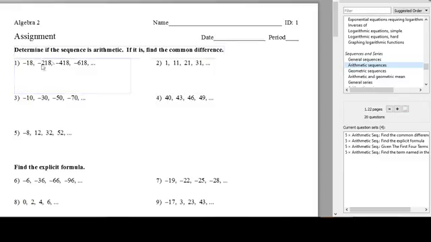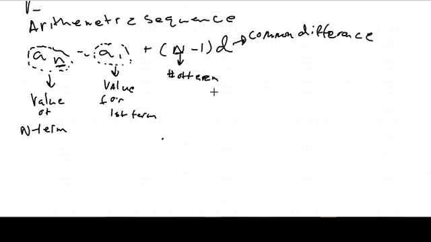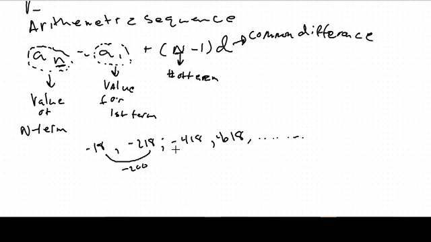So I'm actually going to do something with that sequence. Let me write it up here. I had negative 18, negative 218, negative 418, negative 618, and then dot, dot, dot, because that pattern is always going to be exactly the same.